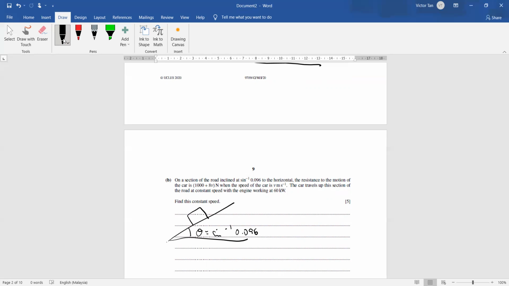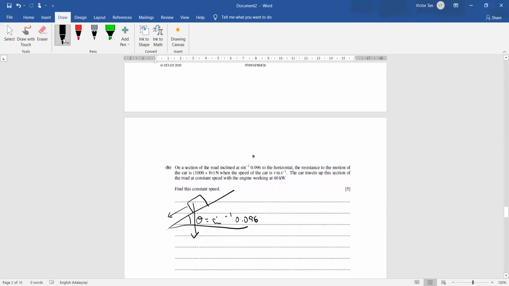Car is here. Weight is 12500. Friction is 1000 plus 8V.